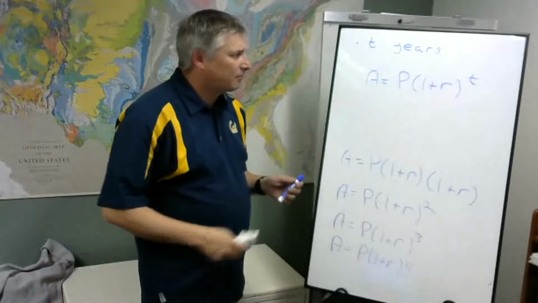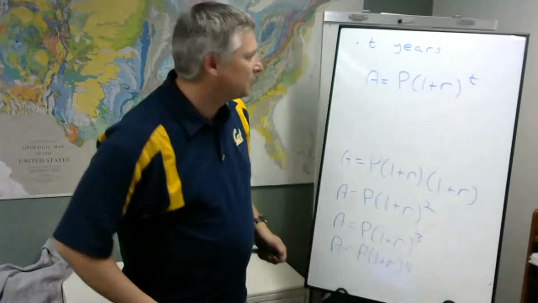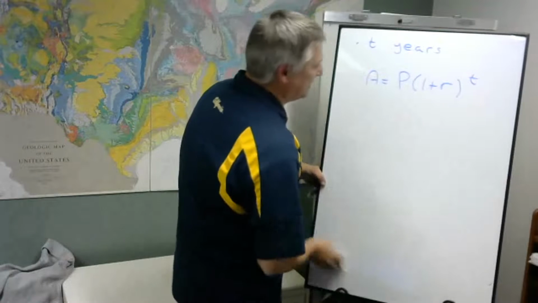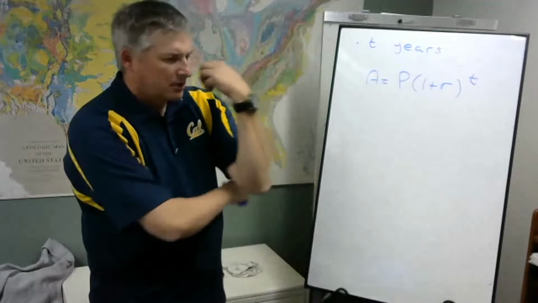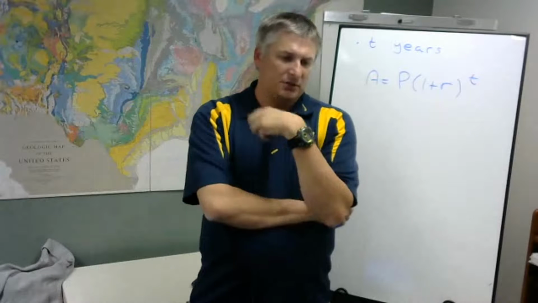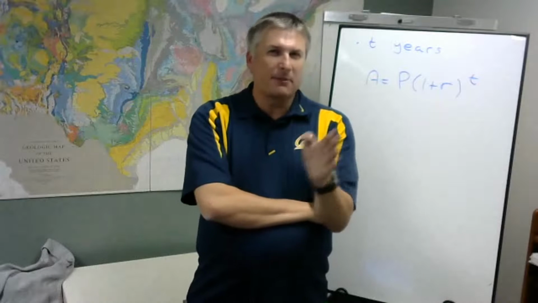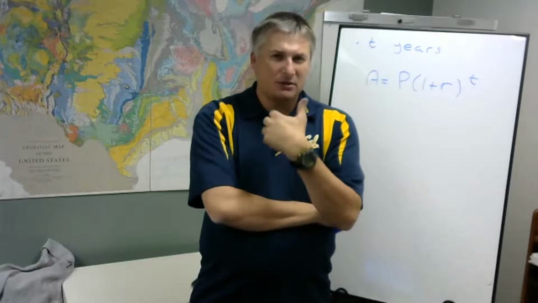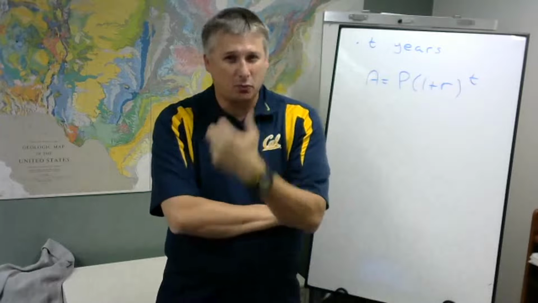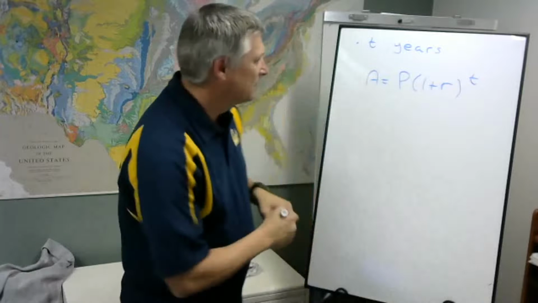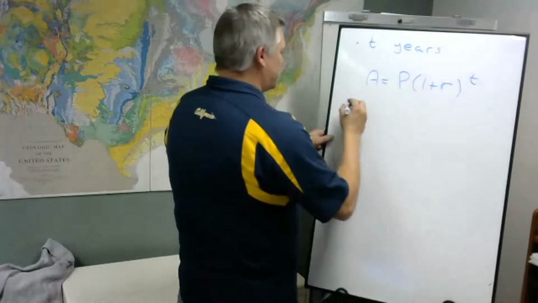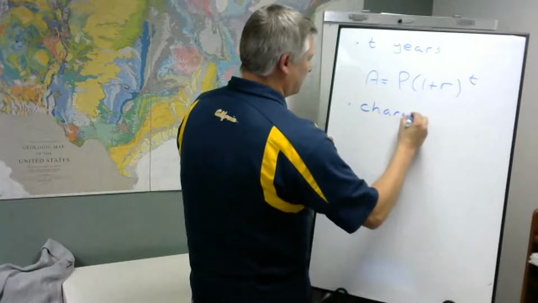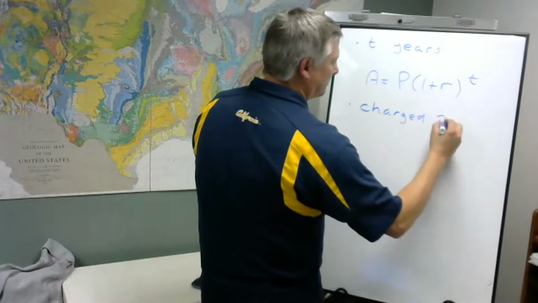So now what happens with compound interest? It's a little more complicated than this. The way compounding works is you're charged interest throughout the year. And what you're charged each time is a fraction of the original interest rate. So let's say you're charged twice a year.